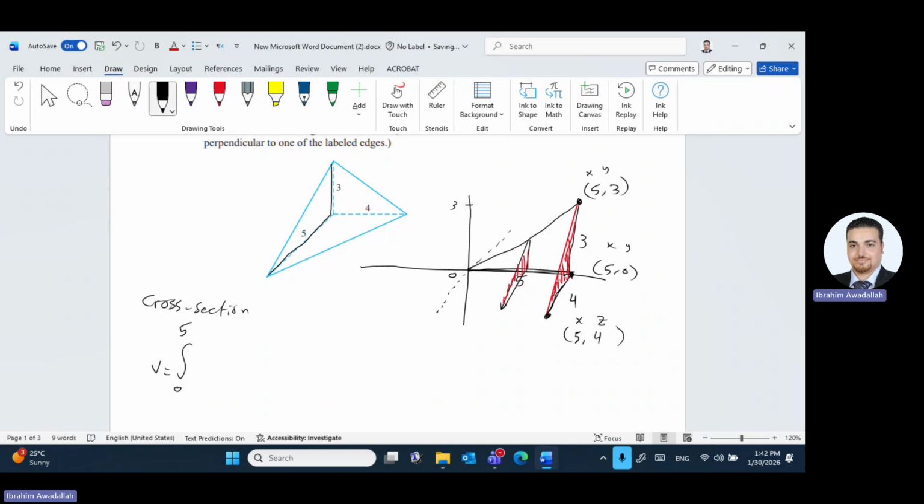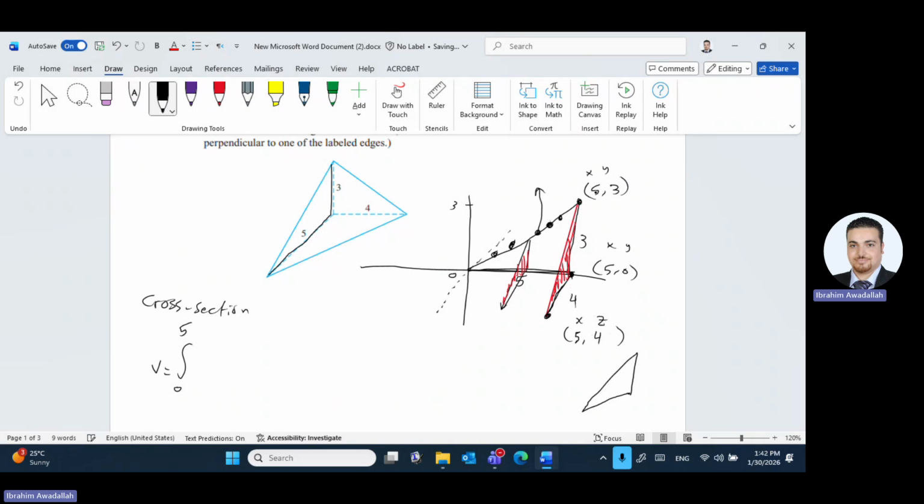Now I have my cross section, it's a right triangle. The highest, some of you will say 3, but it's 3 here. Here it's 2, here it's 1, here it's 0. So my highest is on this line. We should find the equation for this line.